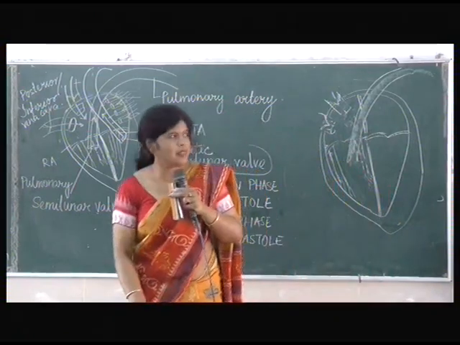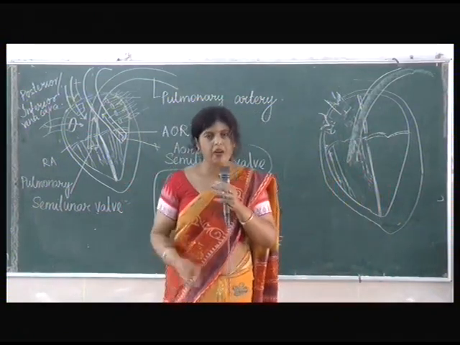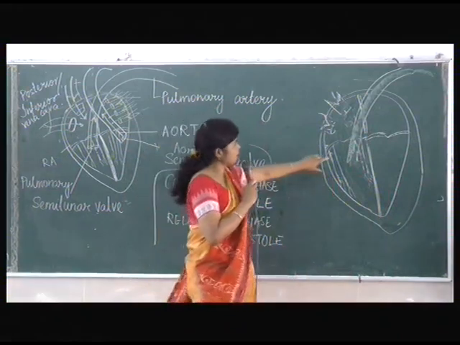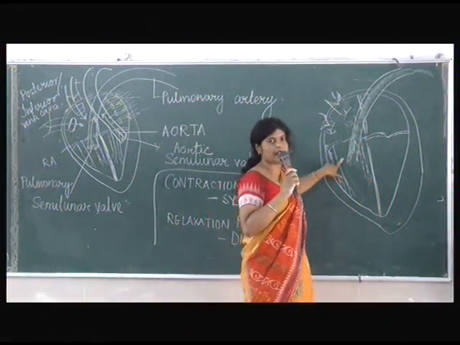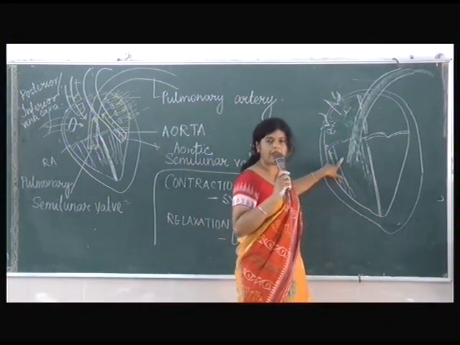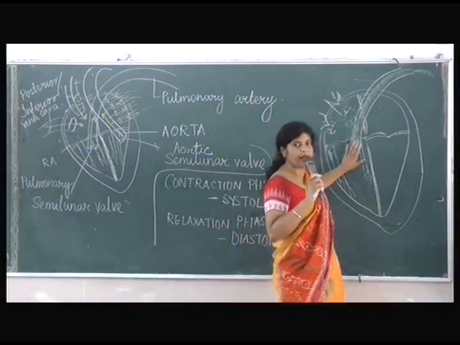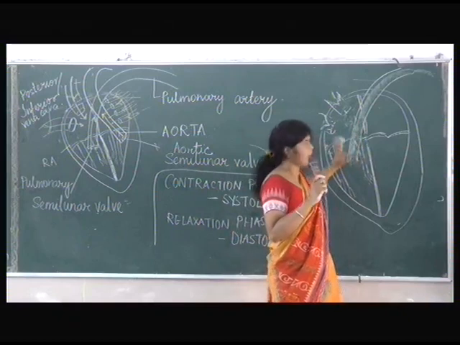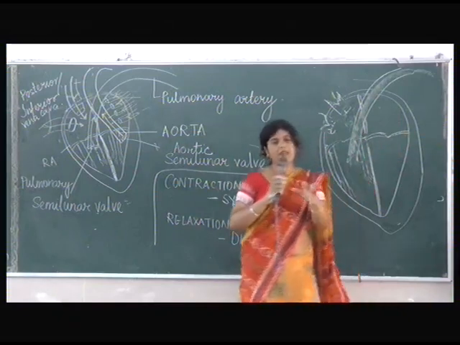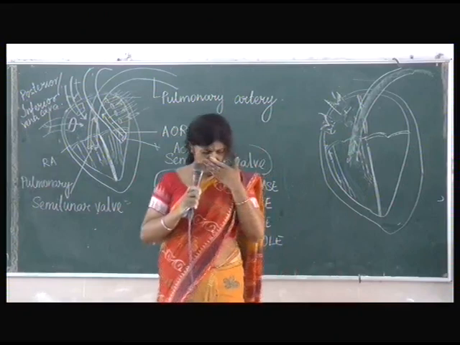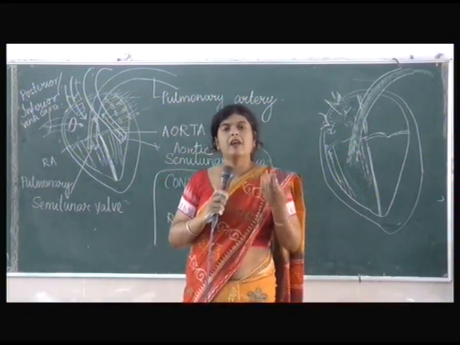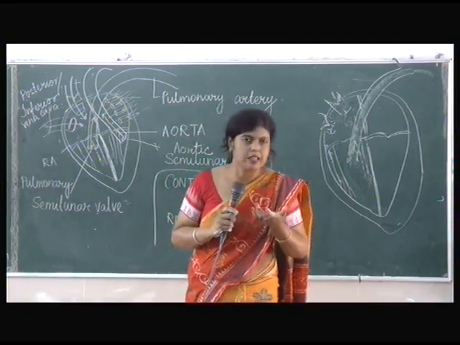Now you see the fun. Here we always say that an artery carries oxygenated blood, but here I am talking about the artery which is carrying deoxygenated blood. Why have we not named it pulmonary vein? Because it is a blood vessel which is carrying blood away from the heart, and any blood vessel which carries blood away from the heart is an artery. It is not a vein.